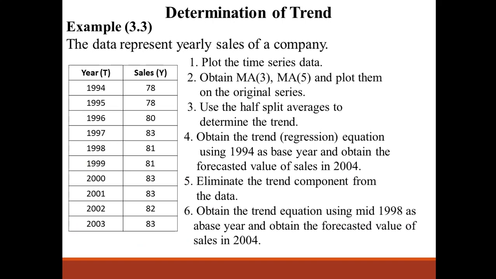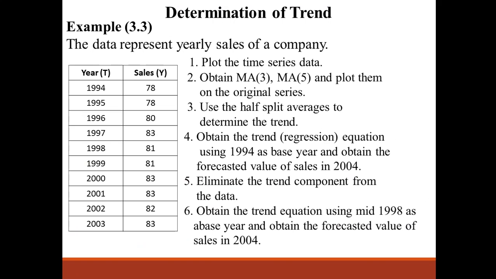The determination of trend example will be as follows. This example gave me the data which represent the yearly sales of a company. He gave me years from 1994 to 2003 and the sales of them.